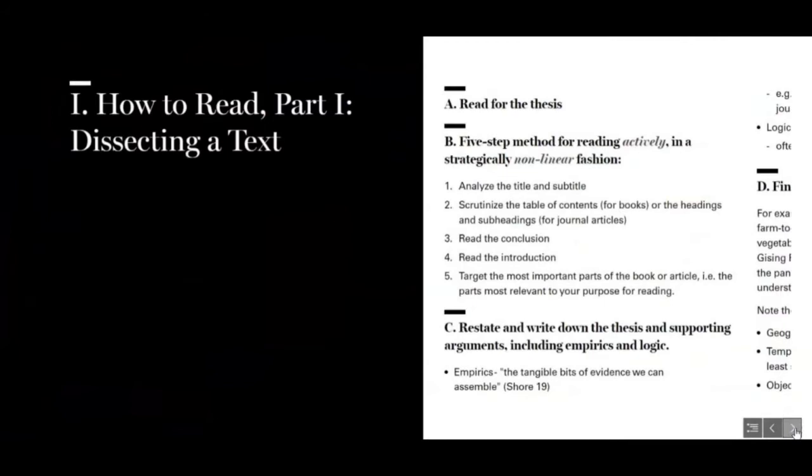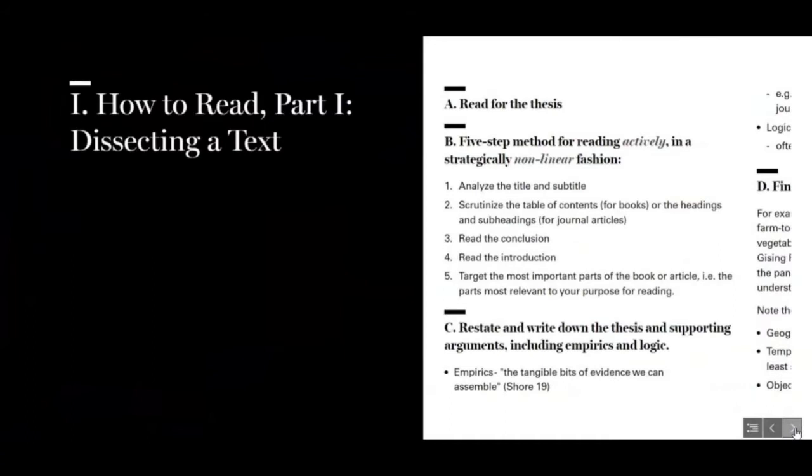So the introduction also gives you an idea of how the author gets from point A to point B to point C. So once you have a general idea of the structure of the piece and the main ideas in the piece, then you can target the most important parts of the book or the article in the body of the book or the article.